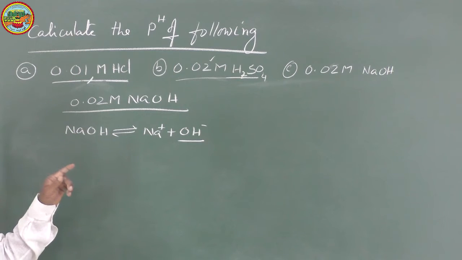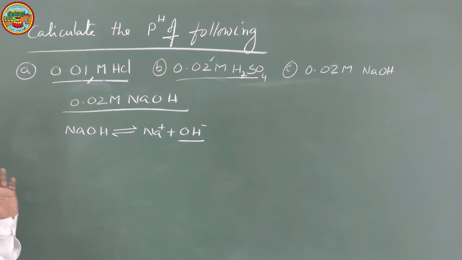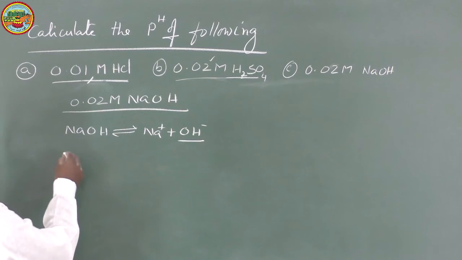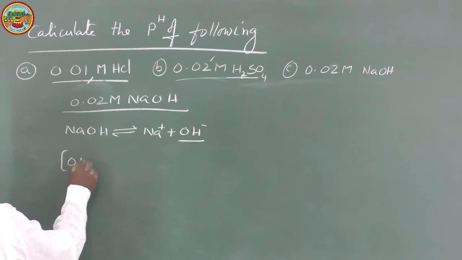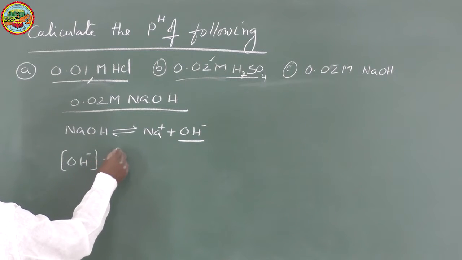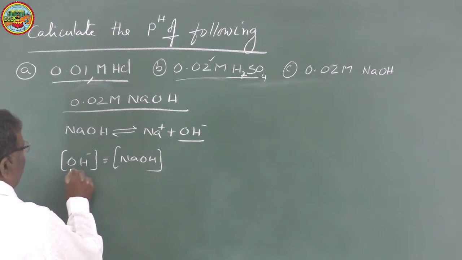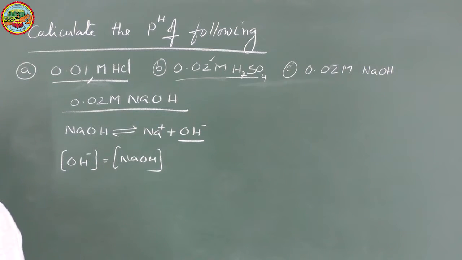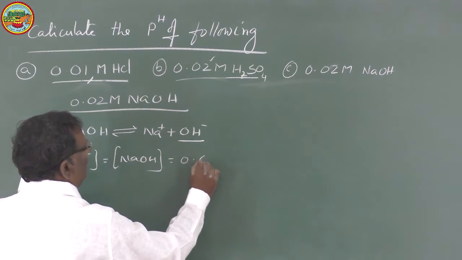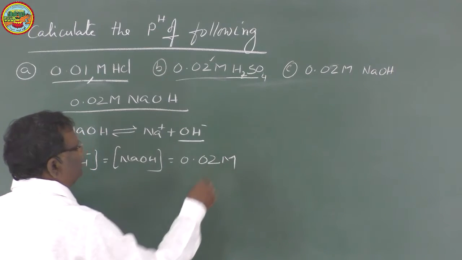In bases, OH minus ions are released. Since NaOH is a strong base, it almost completely ionizes to give Na plus and OH minus ions. So in NaOH solution, the concentration of OH minus ions is equal to the concentration of NaOH. That means the OH minus ion concentration in this solution will be equal to 0.02 mole.